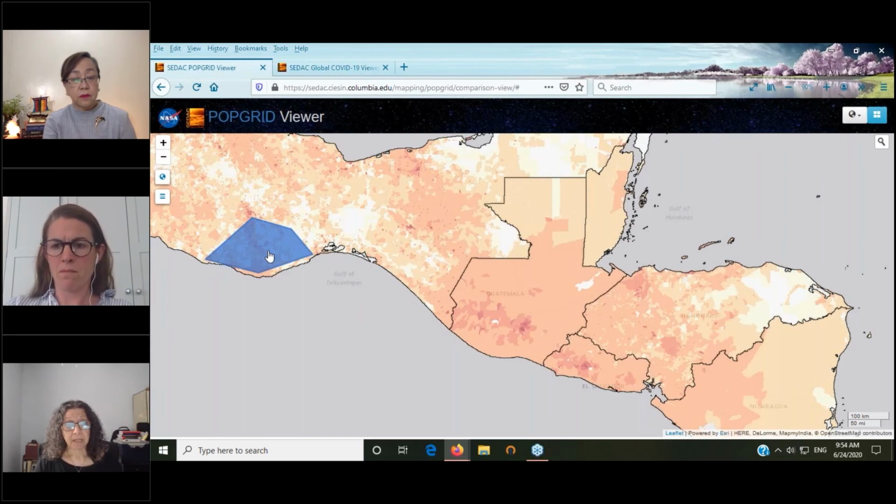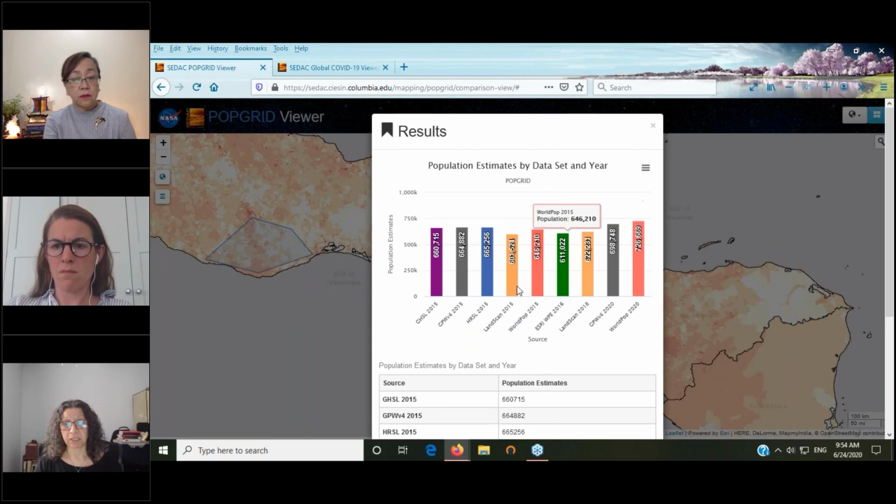So this is an example of how the different data sets included in PopGrid count the population for the area in the polygon. Let's say that we are comparing now the Gridded Population of the World, that is the dark gray bar, and the ESRI World Population Estimates, that is the green bar.